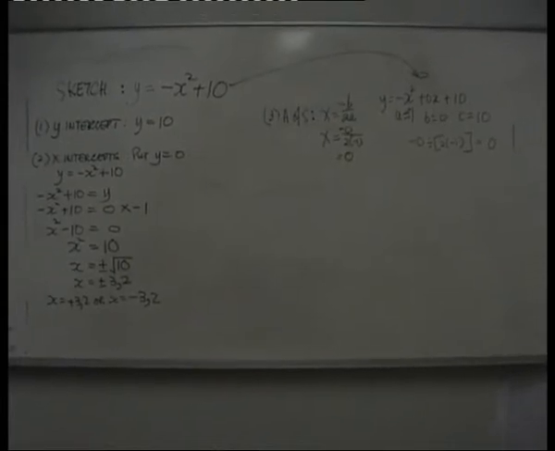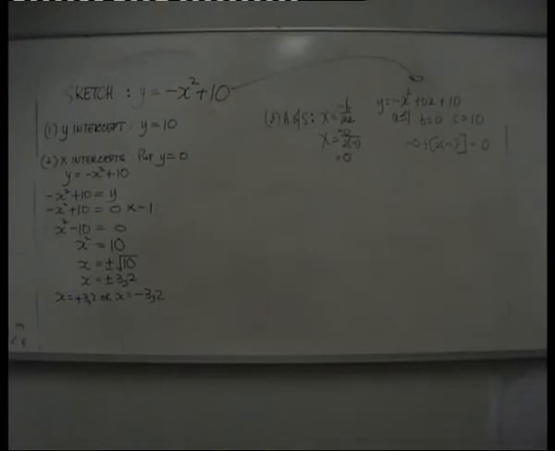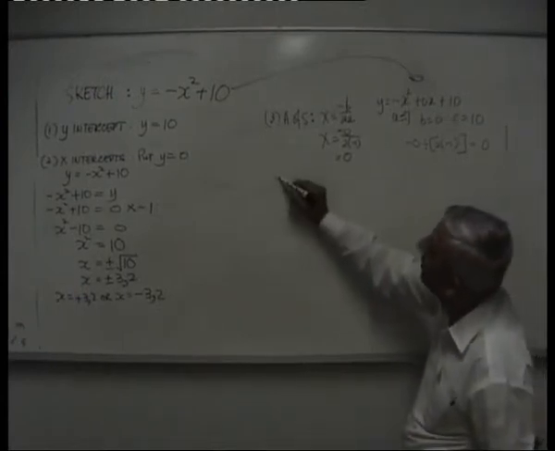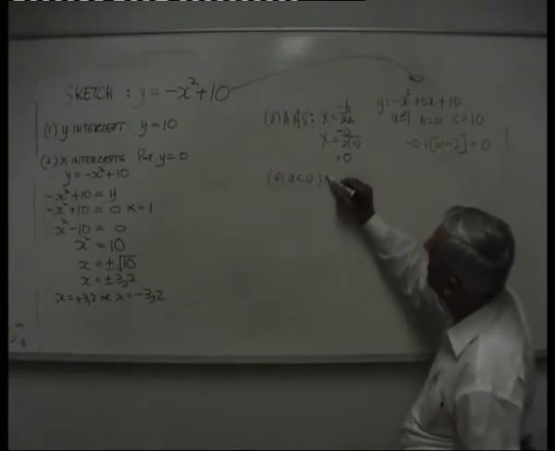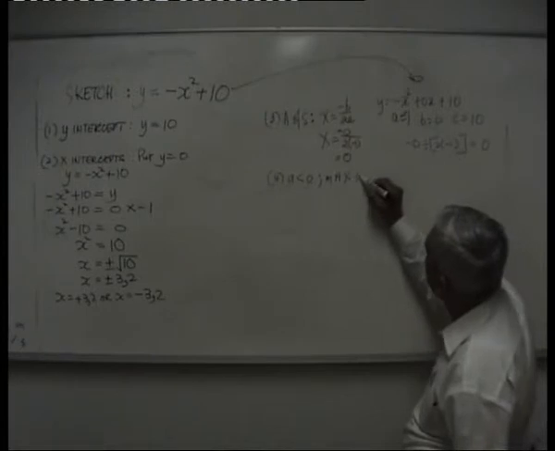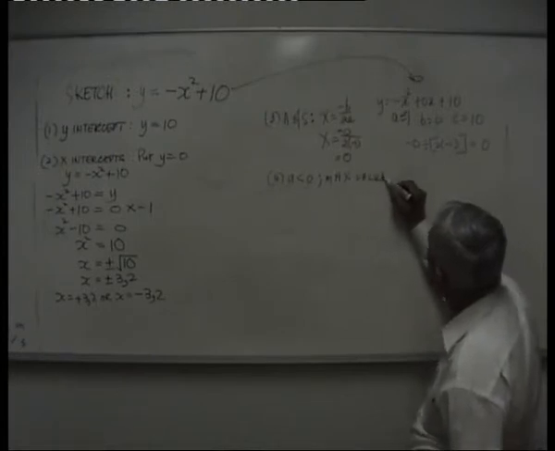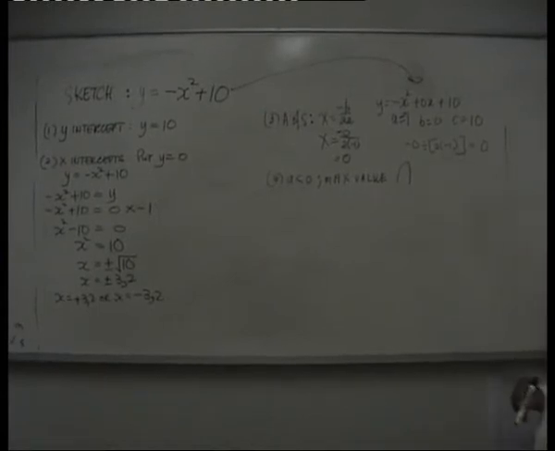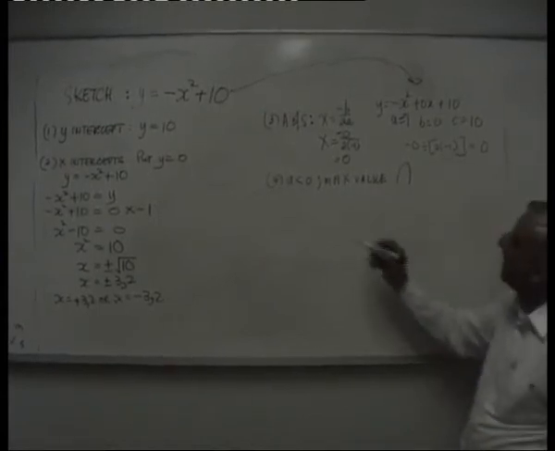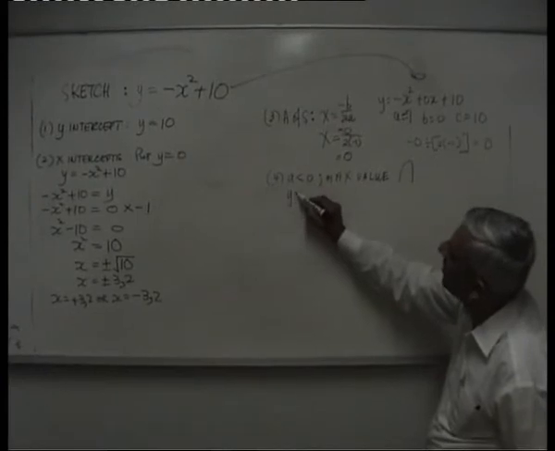Right. Okay. Now we got the axis of symmetry. So we need the maximum value. Again, a is less than 0, therefore it is a maximum value, which means the graph is going to take that shape. So, put the axis of symmetry in the original question.